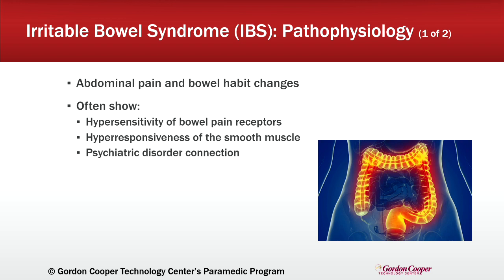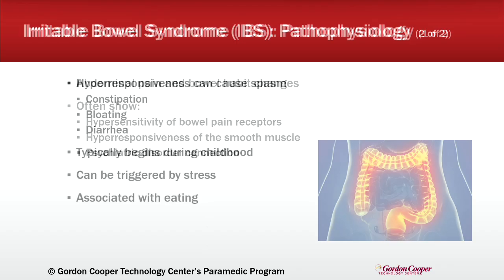The exact cause is really unclear, but it's thought to be that there's an overgrowth of normal bacteria into the small bowel that leads to pain, bloating, and changes in bowel habits. IBS patients often show a hypersensitivity to bowel pain and a hyperresponsiveness of the bowel's smooth muscle. There may also be a link with some psychiatric disorders as well.